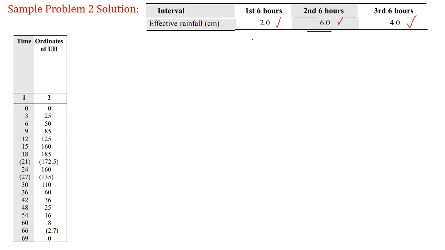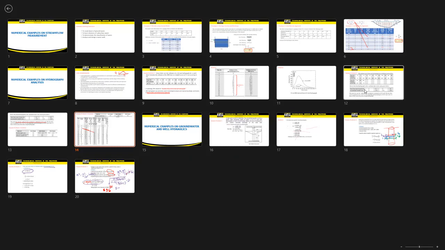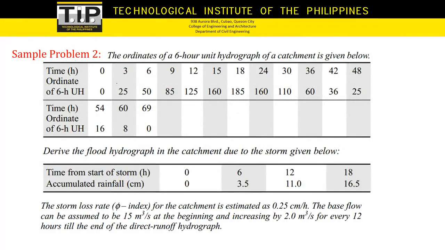So now, ilista natin yung values ng unit hydrograph in a tabular form. So ito, sinulat na natin yan. Kinopya lang po yung values doon sa given. So for instance, tingnan natin yung previous slide. Ito for instance, 3 hours, yung ordinate ay 25. 6 is 50.